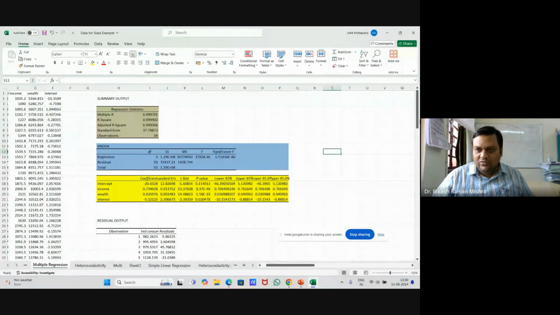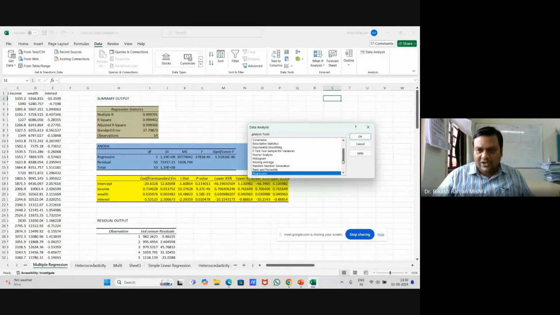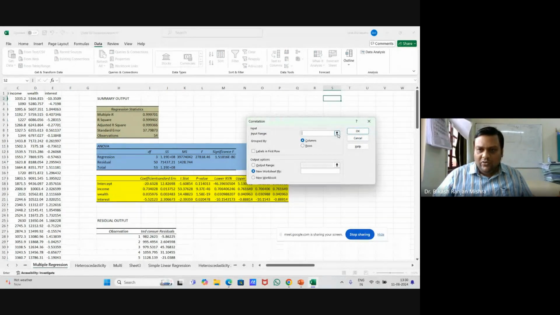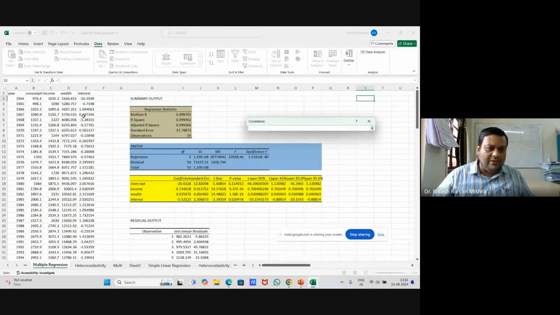So we have to go to Data. The first thing is to go for a correlation coefficient, as we have done till now. Let us select Correlation. For correlation, we are not going to focus on the dependent variable right now.